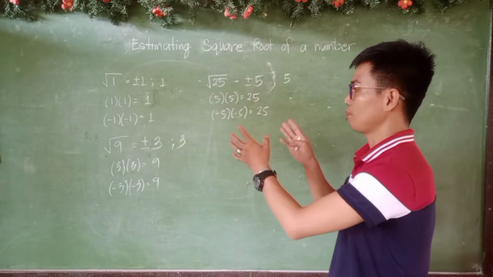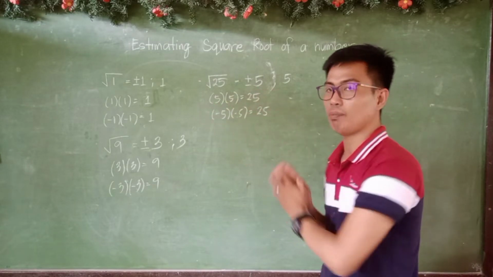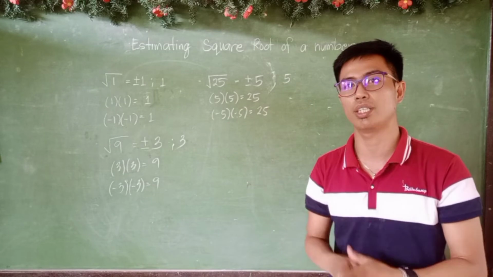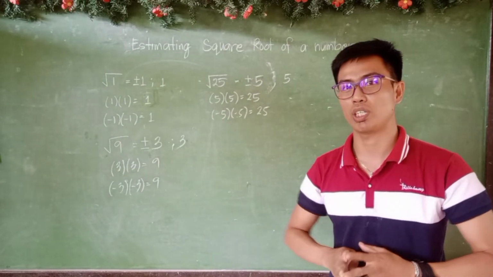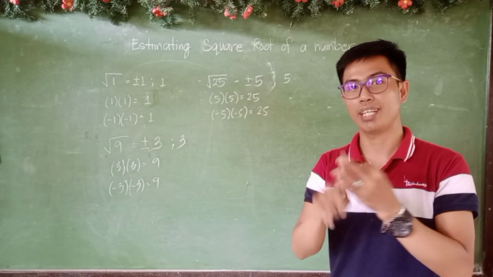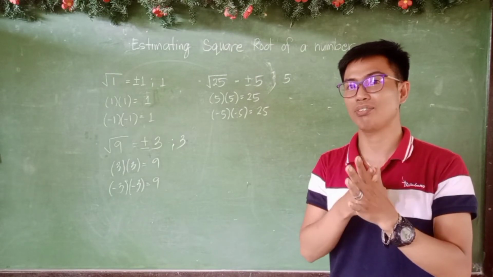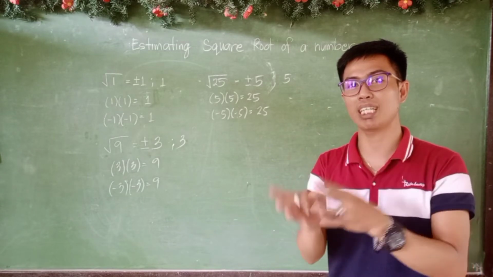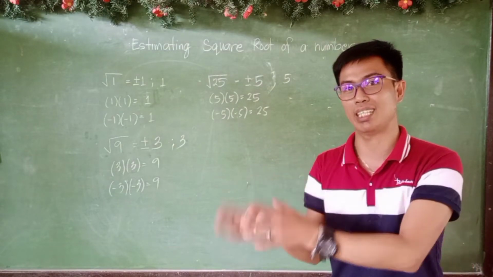Before we proceed, those numbers na merong mga square root na nakuha natin are called perfect square numbers. Ano yung mga perfect square numbers? That is 1, 4, 9, 16, 25, 36. Sila yung mga numbers na kapag kinuha na natin ng square root is merong exact answer.